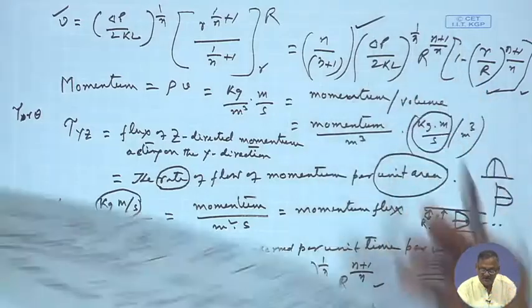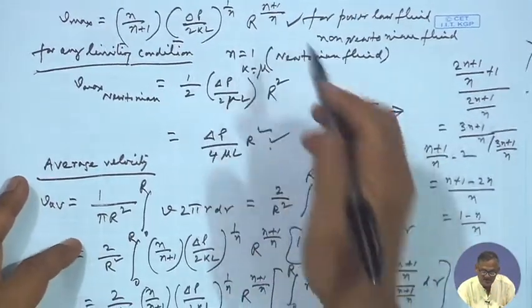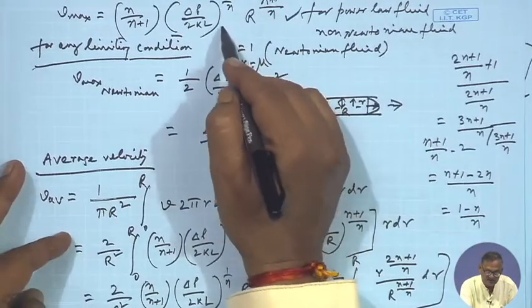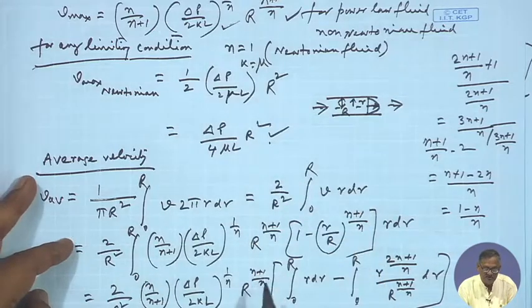This is the instantaneous velocity, and this is V max.